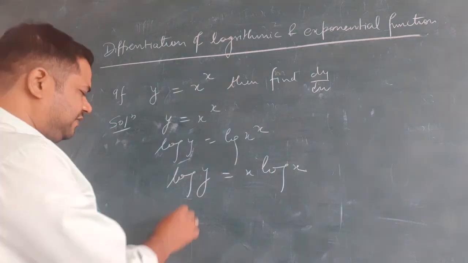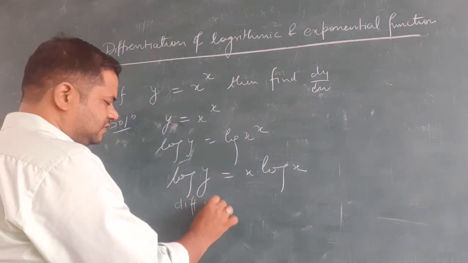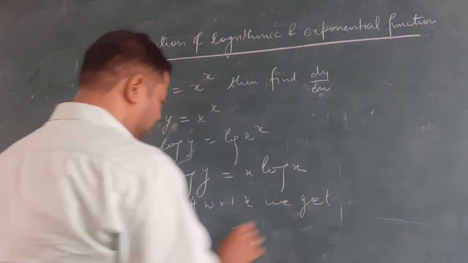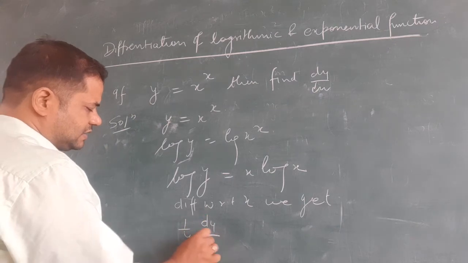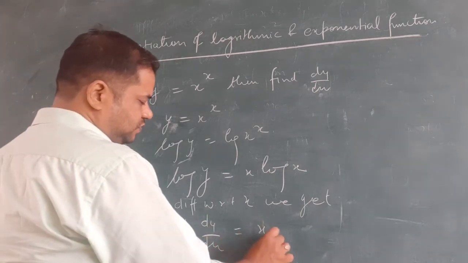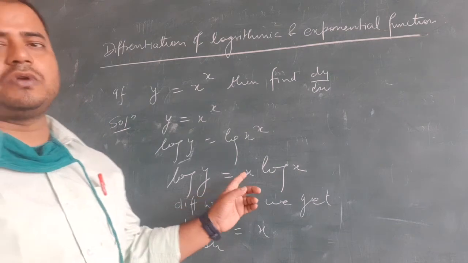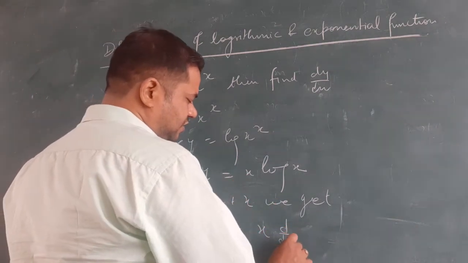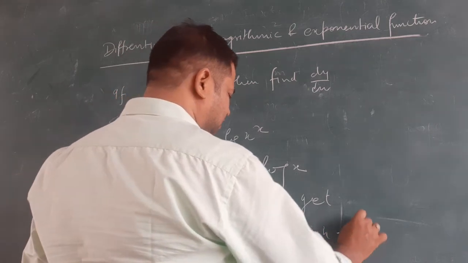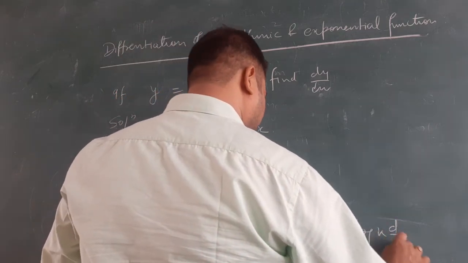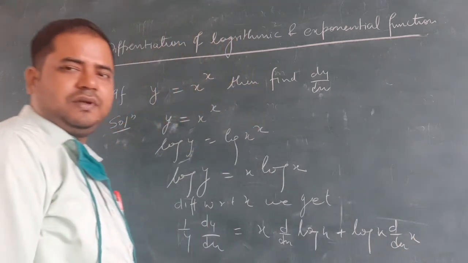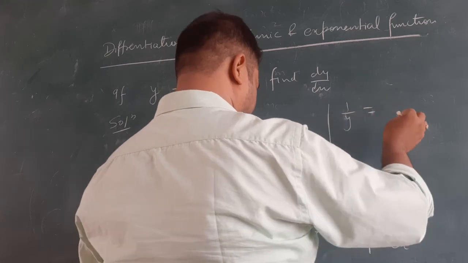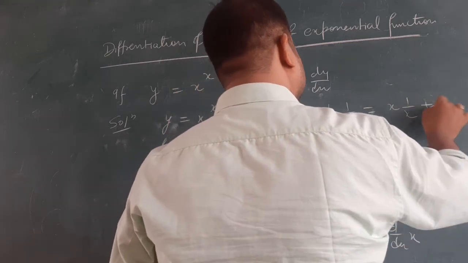Okay, now differentiating with respect to x, we get 1 upon y dy by dx, and this is differentiation of product of two function x log x. So first function, differentiation of second function, plus second function differentiation of first function, and we get 1 upon y dy by dx is equals to x times 1 upon x plus log x.